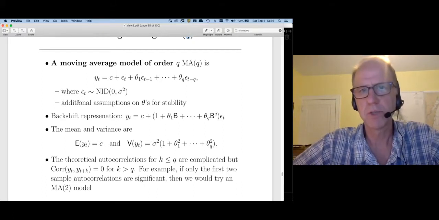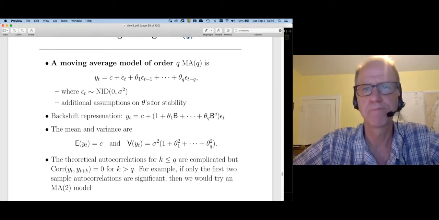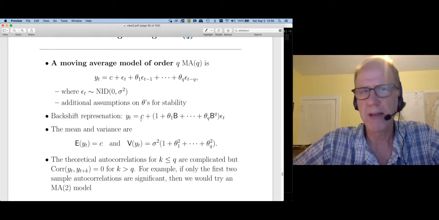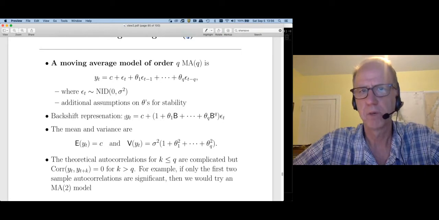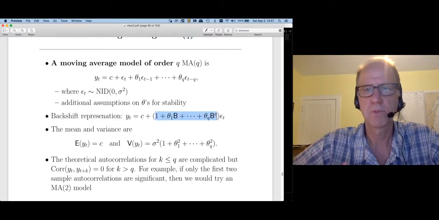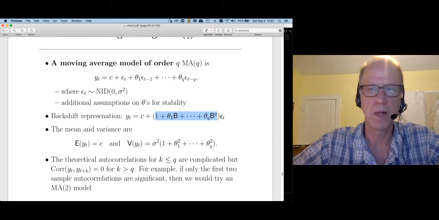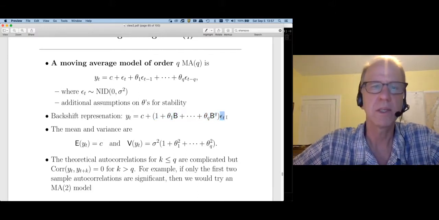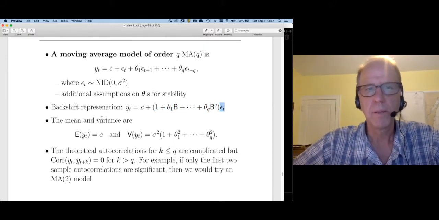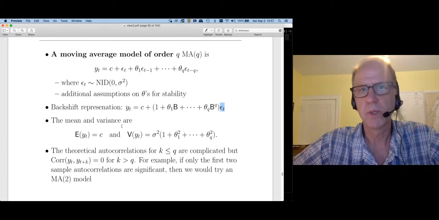There are additional assumptions in order to get a stable process. I'm not going to go over that with you. We can also use the backshift notation here. So we'll just factor out my epsilon, and then this whole term represents the backshift operator applied to the epsilons. The mean and variance of this are quite similar.